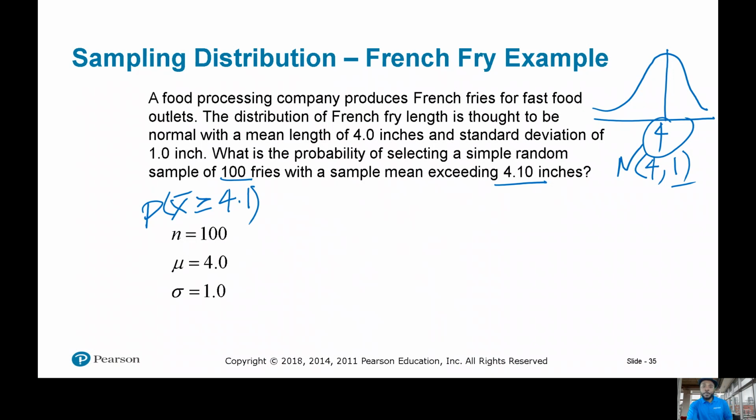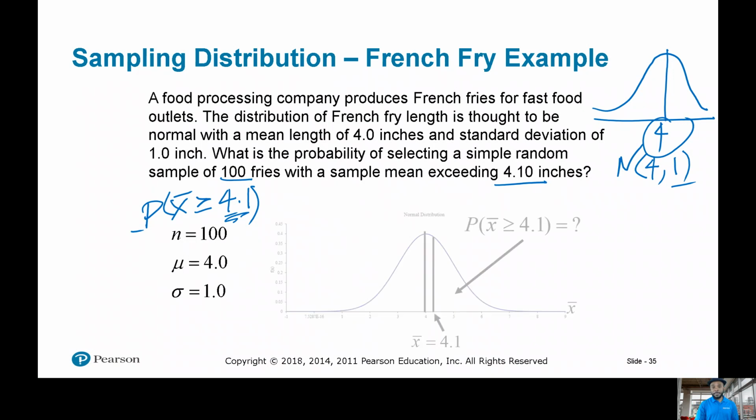It says, what is the probability of selecting a simple random sample of 100 fries, so n is equal to 100, with a sample mean exceeding 4.1. For this, we need to standardize, find the z-score for 4.1, so that we can use our table, or you can use the calculator in order to find that probability.